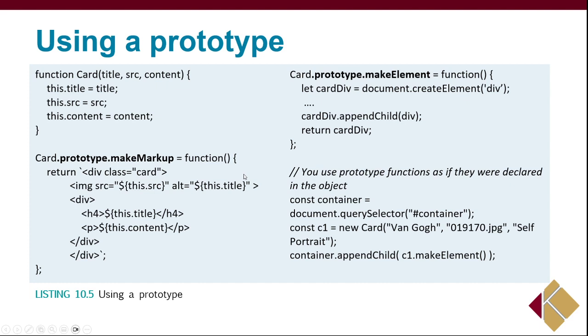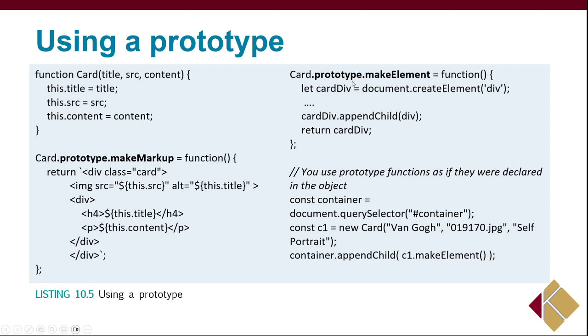So in this case, it's returning a div with a class of card, a source with an attribute of this.source, and then an alt with an attribute of this.title, and then an h4 that is the title, and then a paragraph tag, which is the content. So those are all things that we are passing through our card function, that every time it's going to generate this markup, okay?